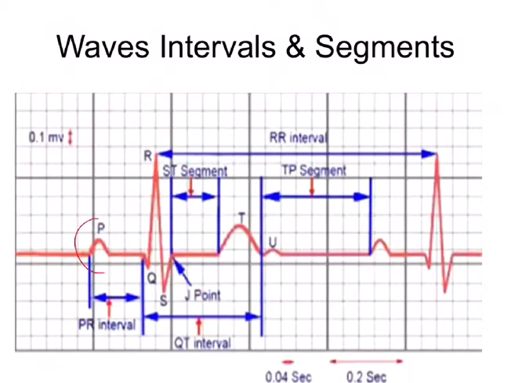The P wave represents atrial depolarization, that is, the electrical activity of both atria, right and left. When they contract, they produce the P wave. The SA node activity is usually silent; we don't get any SA node activity in the ECG. The QRS complex is due to the depolarization of the ventricles, and the T wave is due to ventricular repolarization.